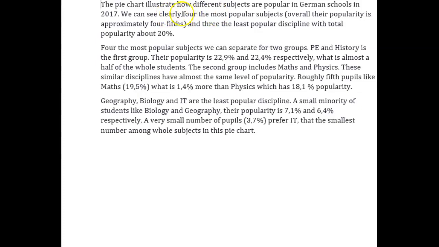So you could have said four more popular subjects and three less popular. That would have made sense. Okay. In any case, let's move on. All right, so I don't know why you keep saying four the most popular subjects. That's incorrect.